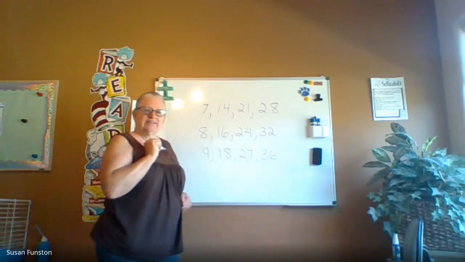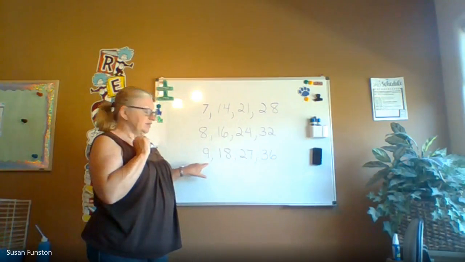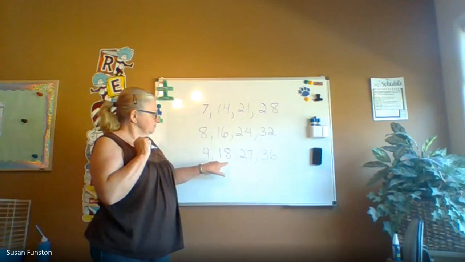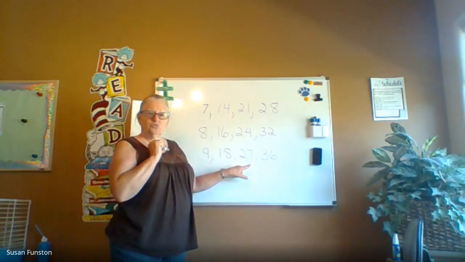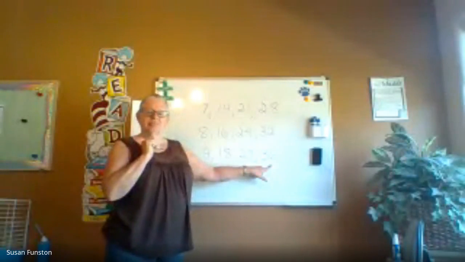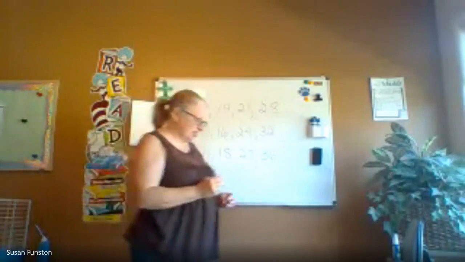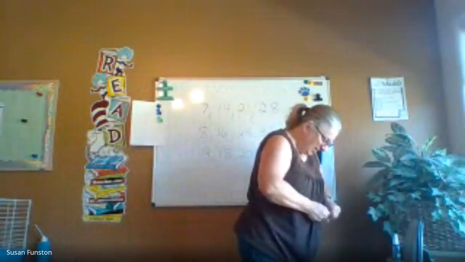Ready to count my 9s together? Okay, starting here. Ready? Go. 9, 18, 27, 36. All right, that's an awesome job counting by 7s, 8s, and 9s.